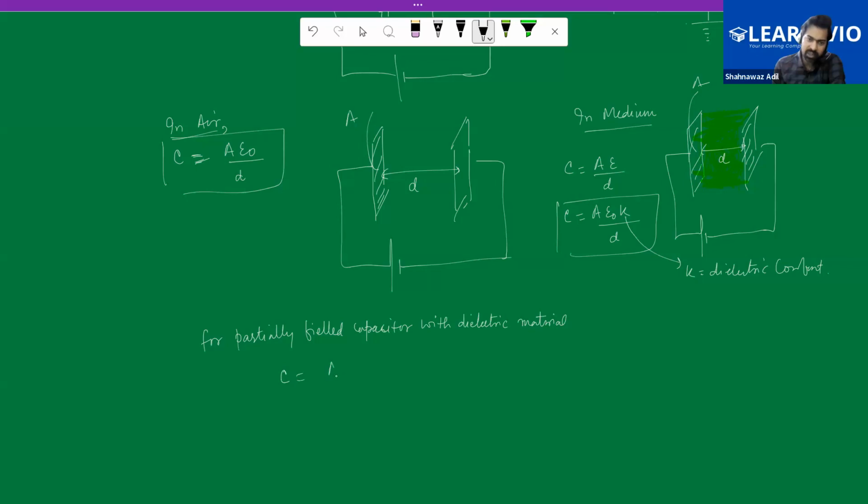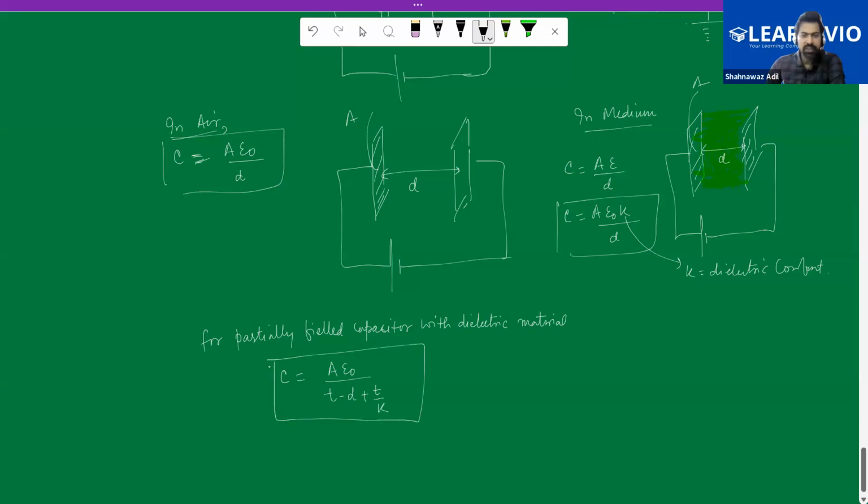This is simply A epsilon naught by d minus t plus t by K. So this is the capacitance.